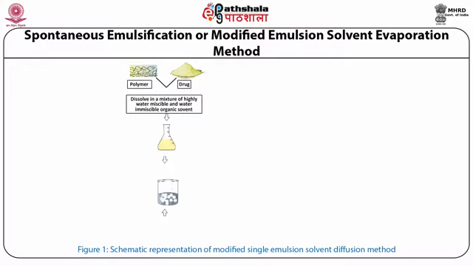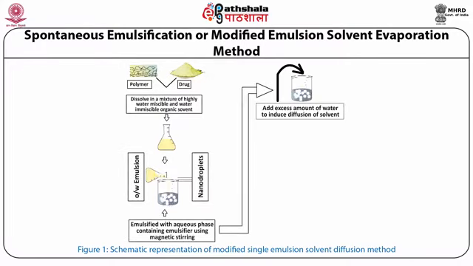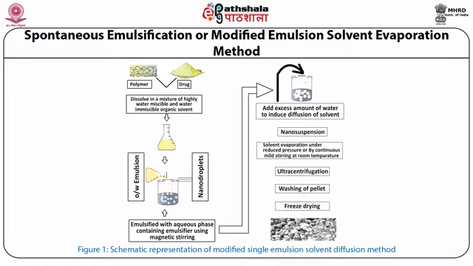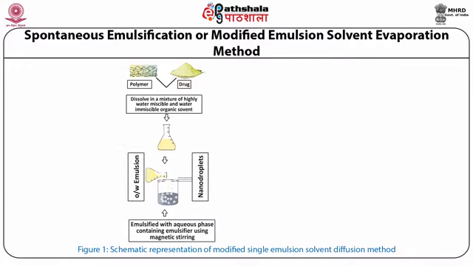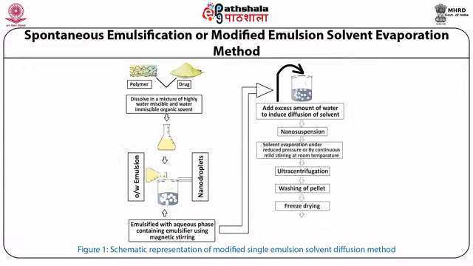After the preparation of the emulsion, add excessive water to induce diffusion of solvent, which leads to the formation of nanoparticles. The nanosuspension thus formed is processed for solvent evaporation under reduced pressure or by continuous or mild stirring at room temperature.